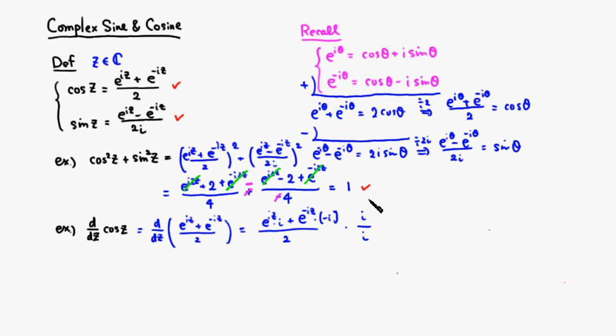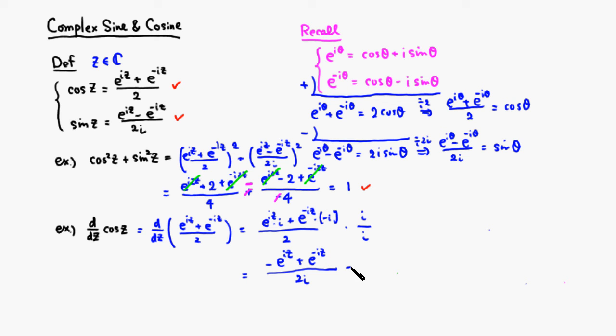Then on the bottom, you have 2i. On top, i times i is going to be negative e to the iz. And then negative i times i is going to be 1, so it's going to be plus e to the negative iz.